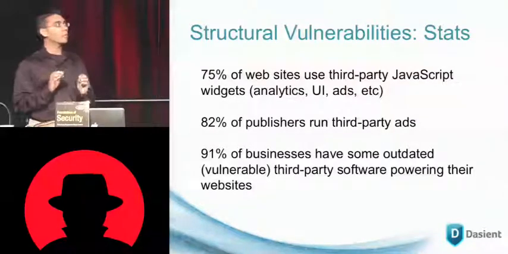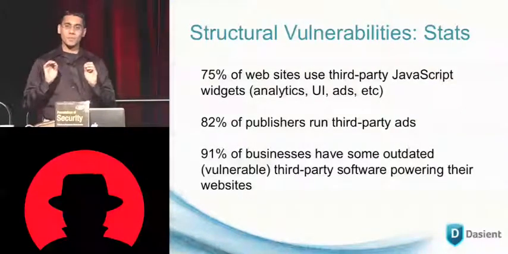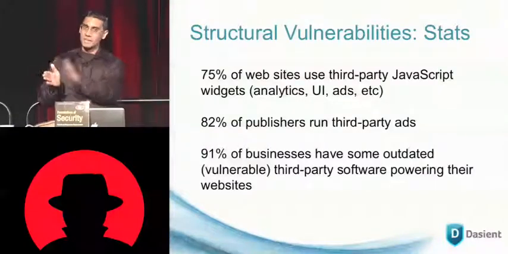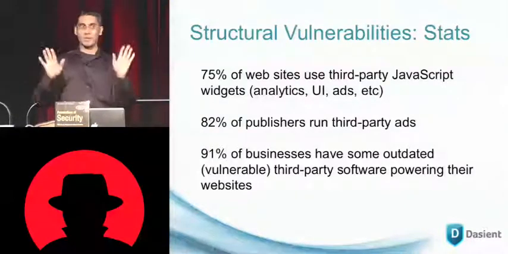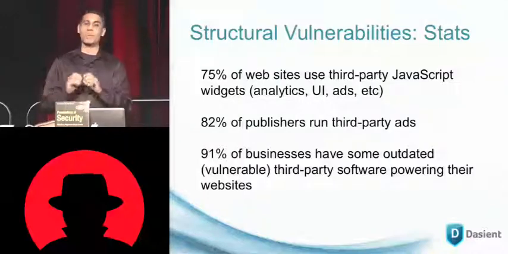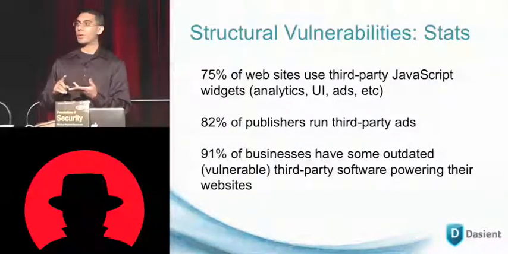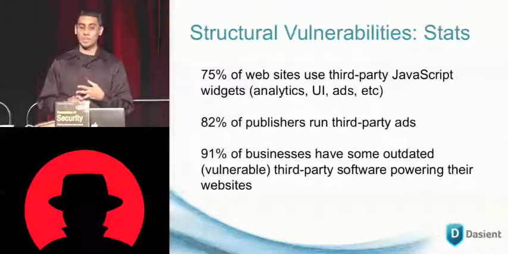And what we had found is we had basically run scans of these websites where we weren't looking for the malware itself. We can, of course, do that. But what we were looking for was structural vulnerabilities. We were looking at what third-party widgets, what third-party ads, what third-party applications were they using on the website. And we came up with some interesting results.